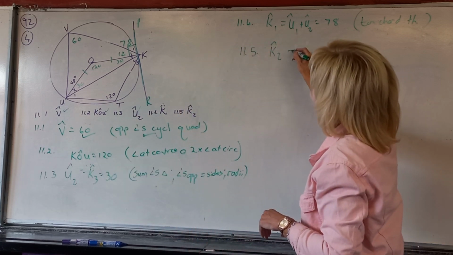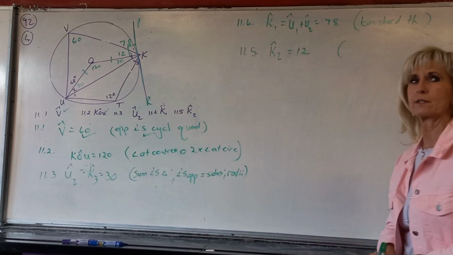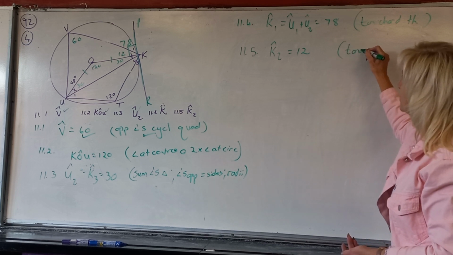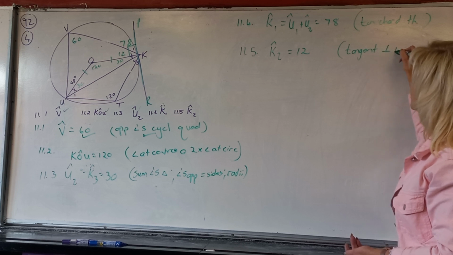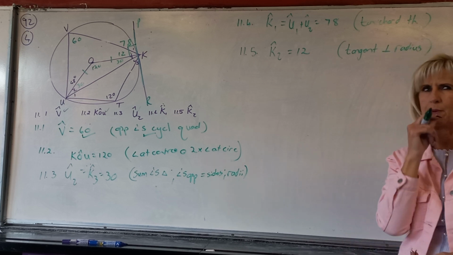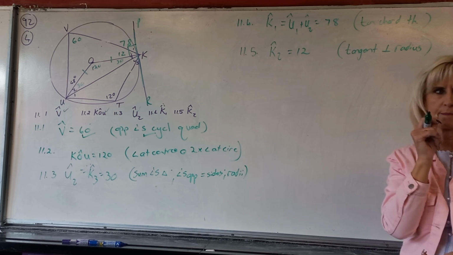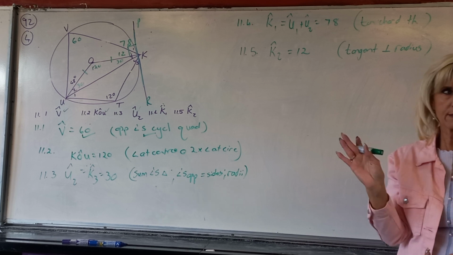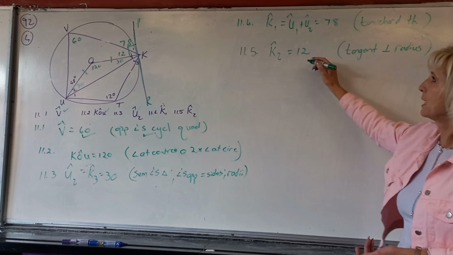So I will say that K2 is then 12 just because of what? Tangent perpendicular to radius, and normally we say radius perpendicular to tangent. Is that a problem? It's the same thing. We know it as tangent perpendicular to radius. So it doesn't matter if you swap it around, and we've got our answer.